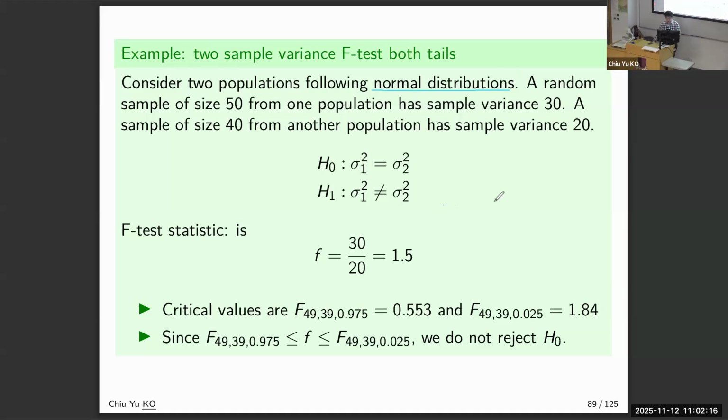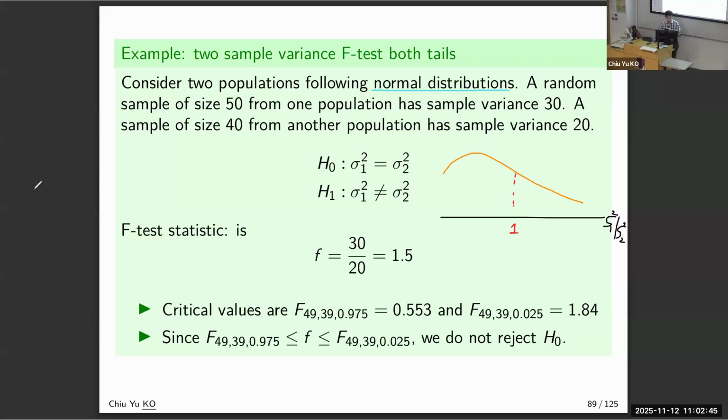If you draw this, again we will have a graph like this, S1 square over S2 square, and you will see an F distribution looking like this. One is somewhere here. If the value is too big or too small, then you reject.